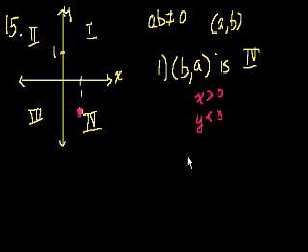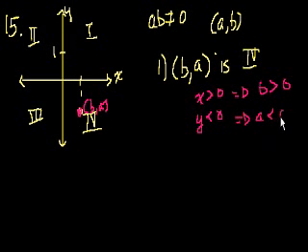So if BA is in quadrant 4, in this case B is playing the role of x. This is the point BA. So that tells us that B has to be greater than 0. And A, because it's playing the y coordinate here, has to be less than 0.